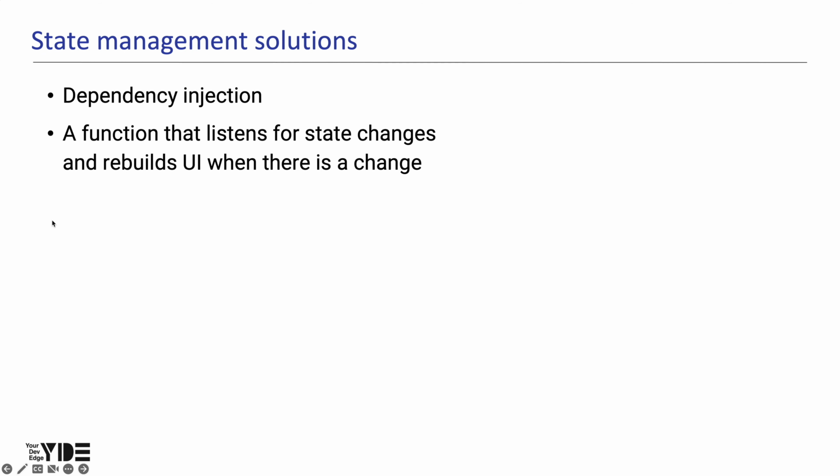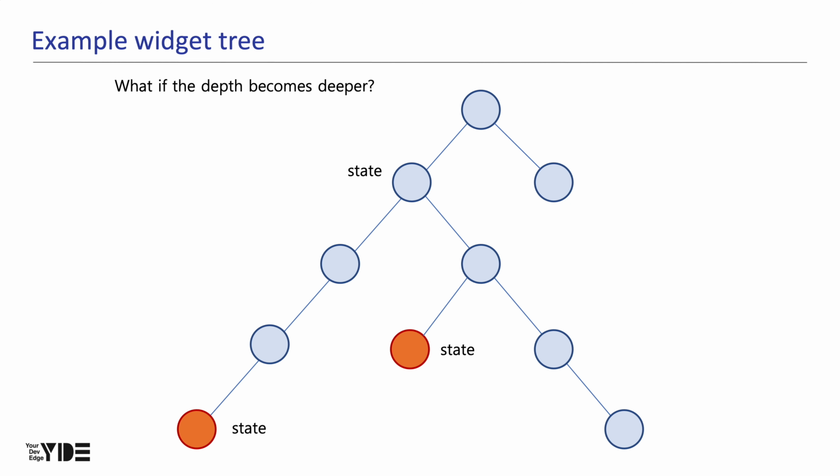There are two features that any state management solution should provide at a minimum. One is dependency injection, and the other is a function that listens for state changes and rebuilds the UI when there is a change. Dependency injection is a function that makes it easy to access desired data on the widget tree.